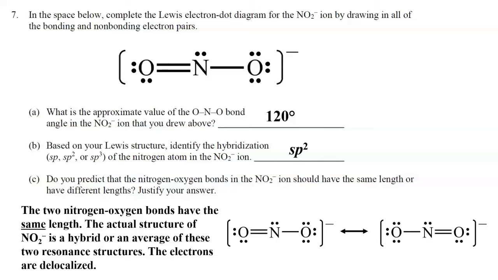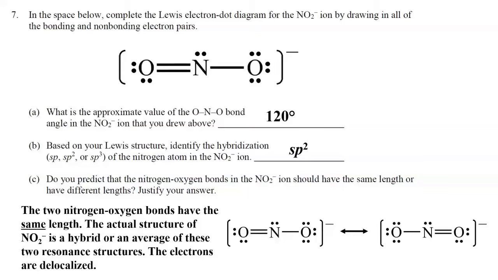You may recall that a single bond has a bond order of 1 and a double bond has a bond order of 2. In this particular polyatomic ion, the bond order of the nitrogen-oxygen bonds is actually 1.5. So it's an average of a single and a double bond. These two resonance structures are both incomplete and inaccurate, but together the average of these two structures is what the polyatomic ion looks like.